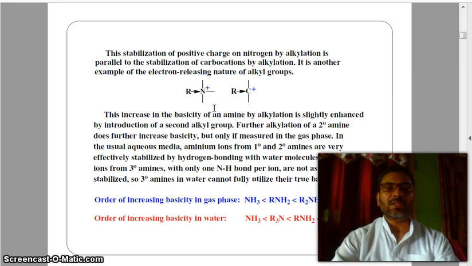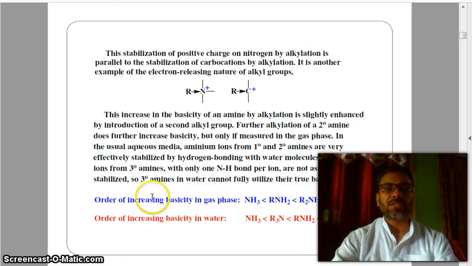So what is the conclusion here? Just look at here and you will find a very good relationship between the basicity of primary, secondary and tertiary amines. So the order of increasing basicity in the gas phase, I'm talking about the gas phase, and that is an important word, you have to remember it: NH3 less than RNH2 less than R2NH less than R3N, primary amine, secondary amine, tertiary amine.